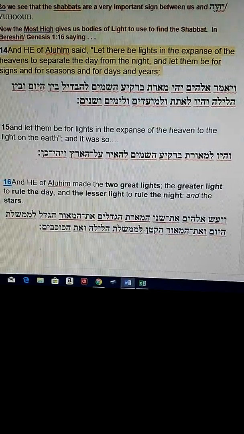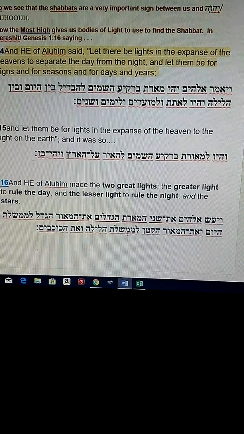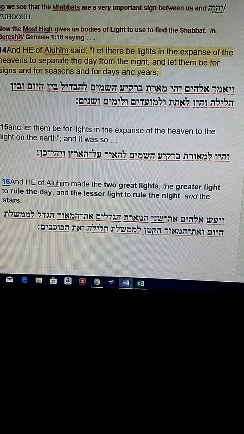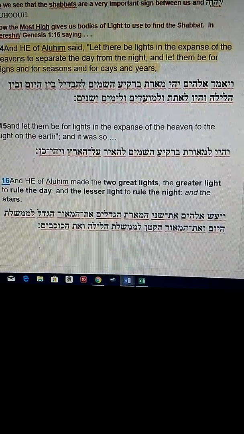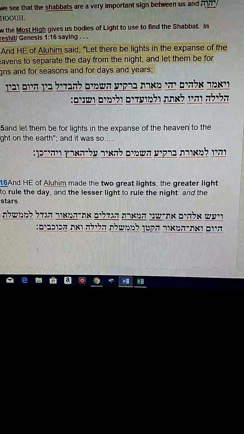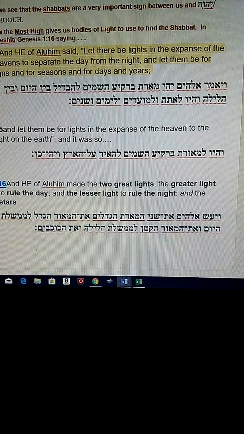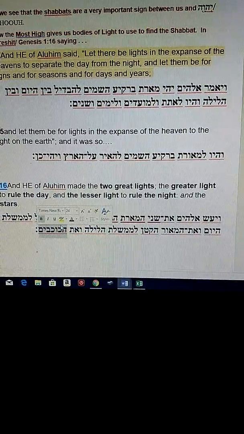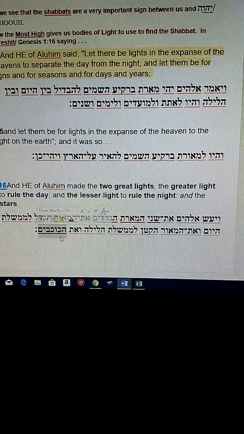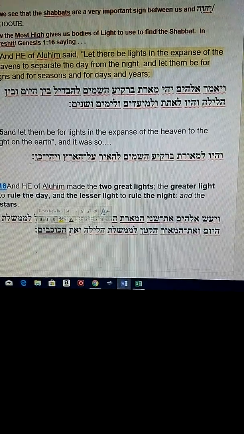It also rules the memshelet ha-layla, or the night. And then it says ve'et ha-kokhavim right here. This is a key word.